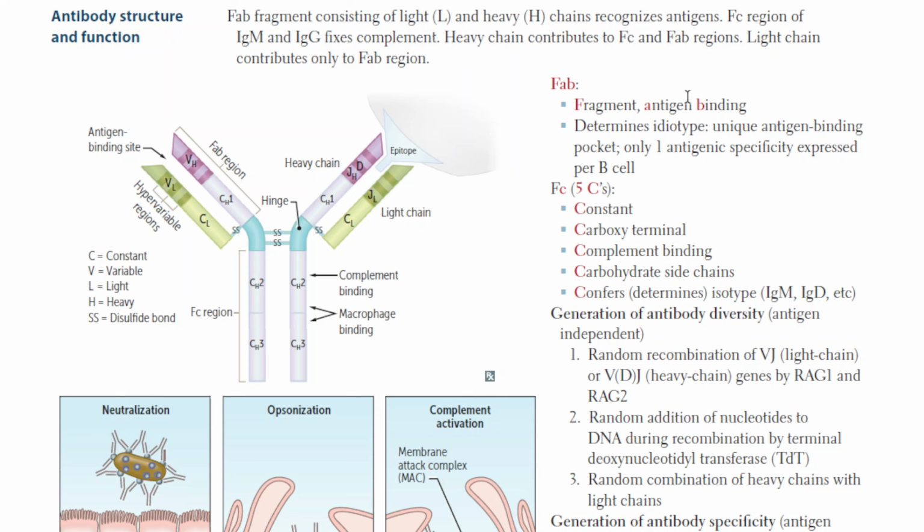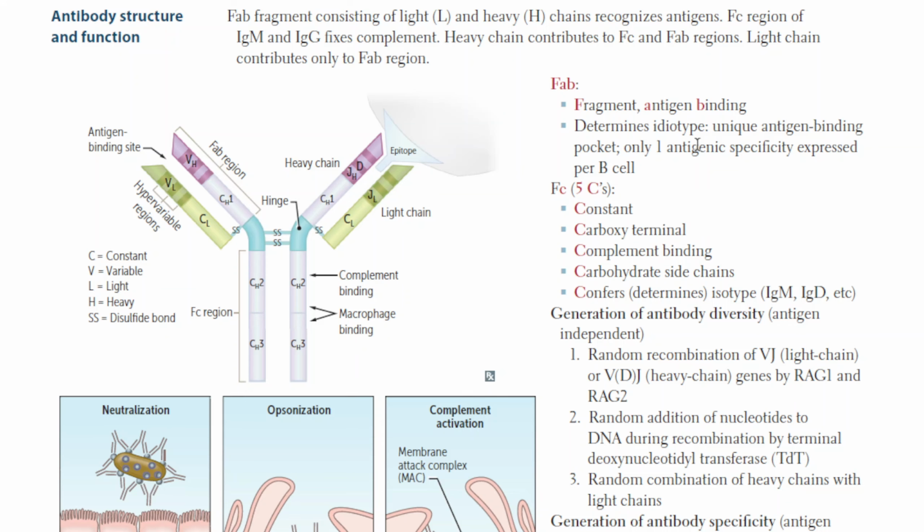This is the fragment antigen binding, this area here. It determines the unique antigen binding pocket, the unique place where the antigen is going to bind. Only one antigenic specificity is expressed per B cell.